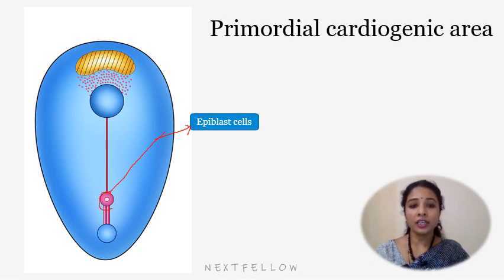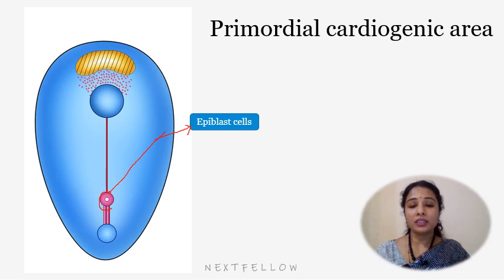So just at the cranial end of the primitive streak, the epiblast cells migrate from the epiblast layer through the primitive streak into the splanchnic layer of lateral plate mesoderm. So you might have known what is lateral plate mesoderm by now in general embryology.